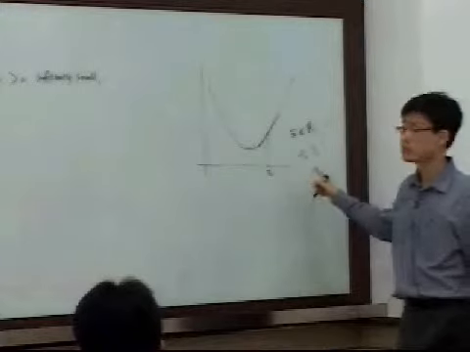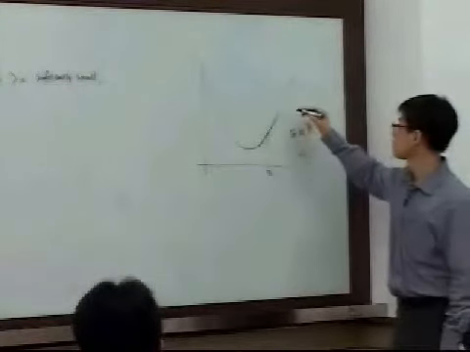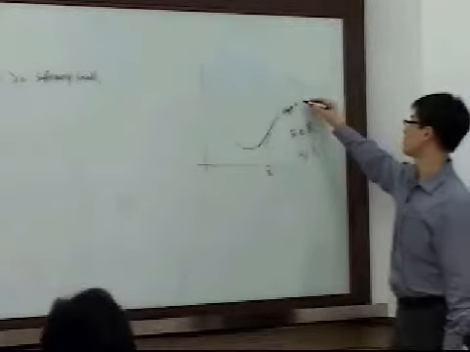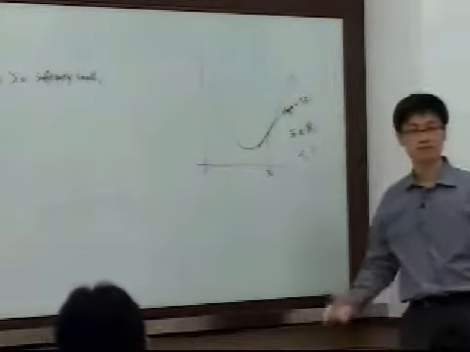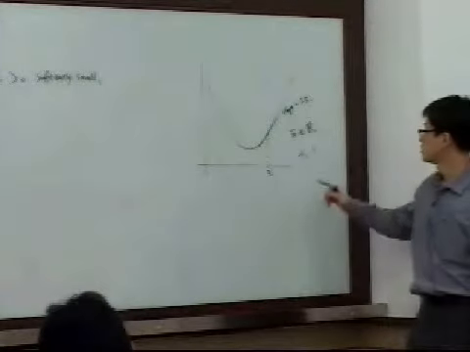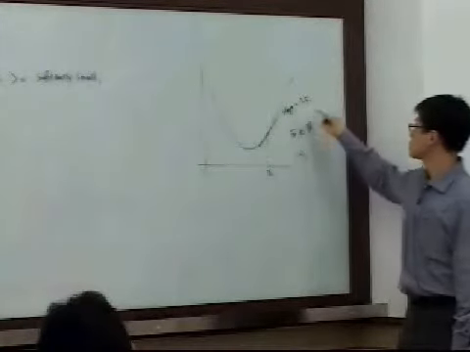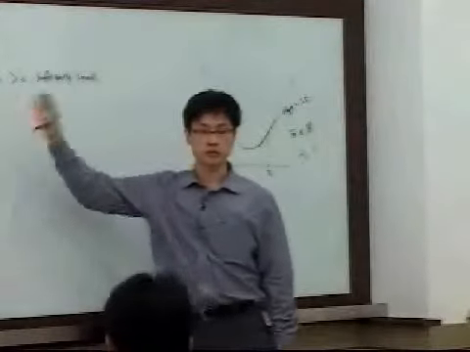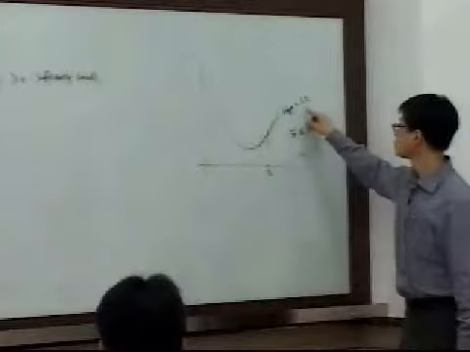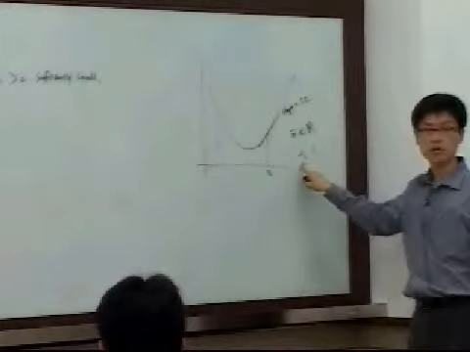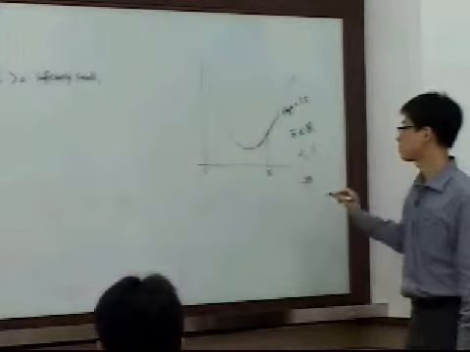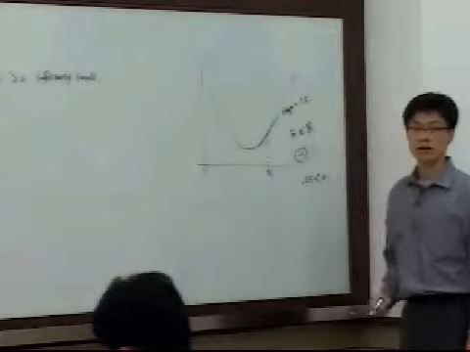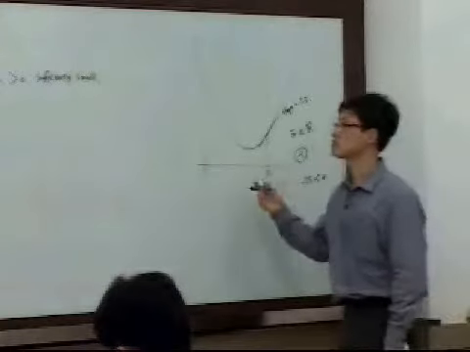Let's assume this slope is maybe 1.5. In this direction, 1 times 1.5 is greater than 0, so that's not the one we want. 1.5 times minus 1 is minus 1.5, which is less than 0. So let's take this as our d in this case.